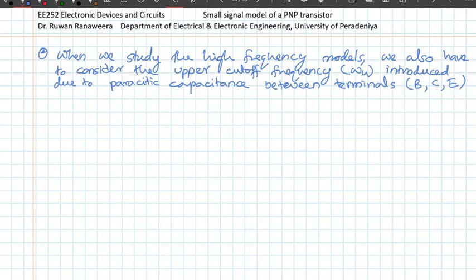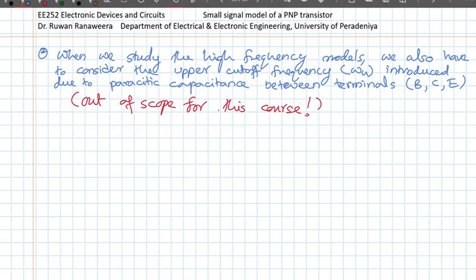So we need to think about it, but this is out of scope for this course, so we are not going to talk about it any further. But one other thing we need to remember is that in addition to the coupling capacitors, we may also have other capacitors, for example an emitter bypass capacitor.